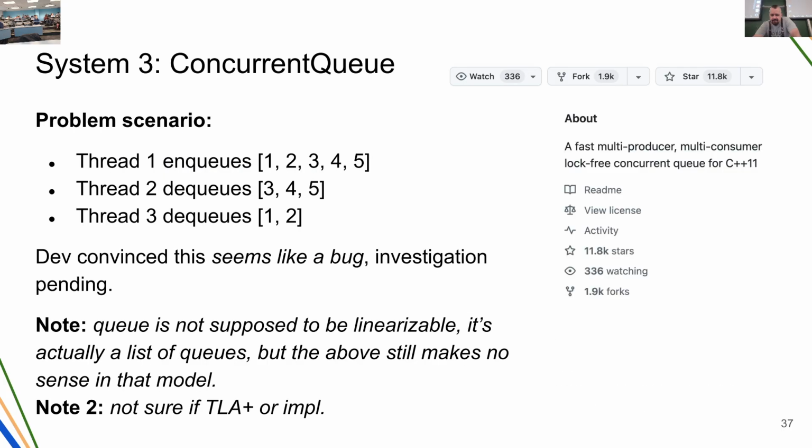And we think we found a strange bug where you can enqueue 1, 2, 3, 4, 5, and then dequeue 3, 4, 5, 1, 2, which is just like, what? Why? And this is a single enqueuer that does this, so you don't get to say, oh, if it was two different enqueuers, it's okay for them to come out of order.